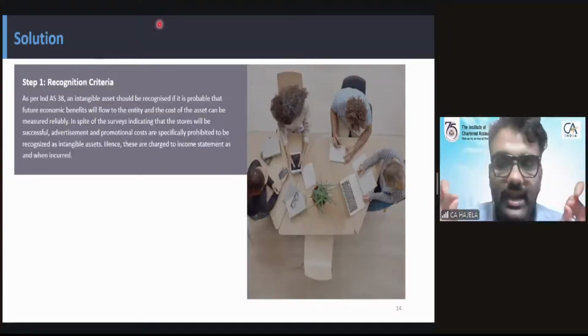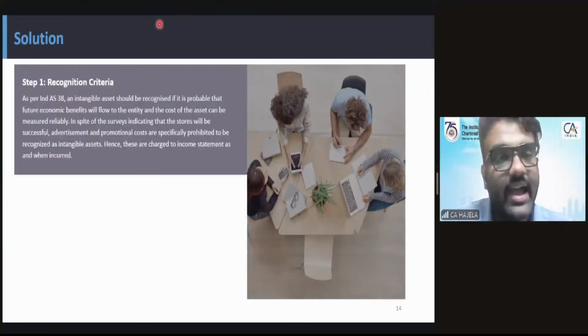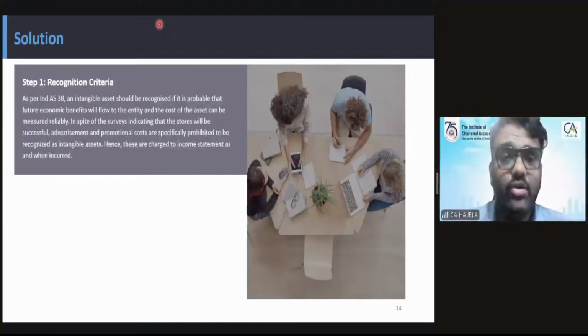Any goodwill that we see on any company's financial statement, on any company's balance sheet, is a goodwill that is acquired through purchase of a business, through business combination. No company can say, irrespective of how much market share they have, even if they have 100% market share, that there is an internally generated goodwill that I have and I will recognize that as an asset. Why? Because you cannot reliably measure the value of that goodwill.